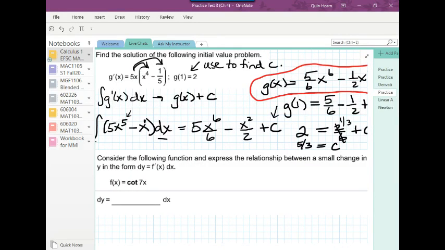Well, that's just 1/3 actually. And then subtracting, 6/3 minus 1/3 is going to be 5/3. So c is equal to 5/3. So now we know the function completely. I can erase the c here, and I can put in 5/3 instead.